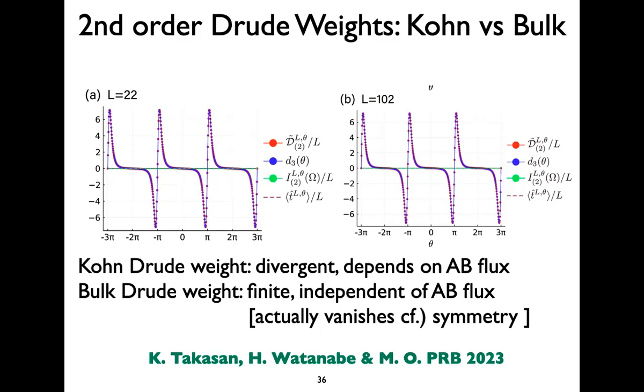In that case, I still conjecture that the Kohn formula gives a correct bulk limit, but of course there is no guarantee. So this divergence is in a sense unphysical. I agree. But when the Kohn formula gives a finite result, does it agree with this bulk limit or not? That's a non-trivial question, to which I don't know the answer.